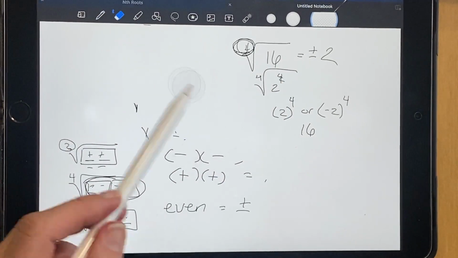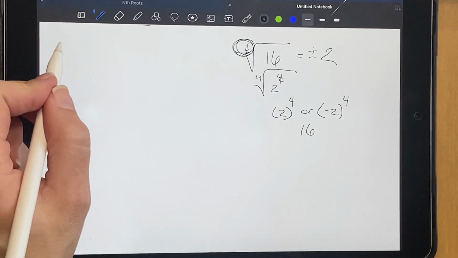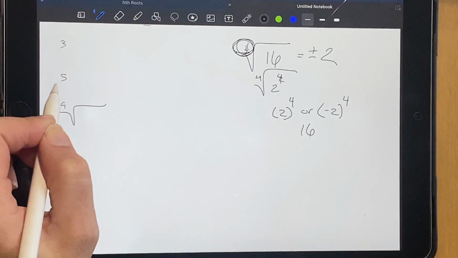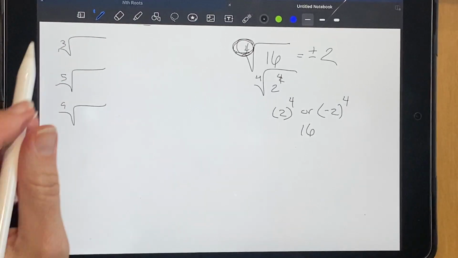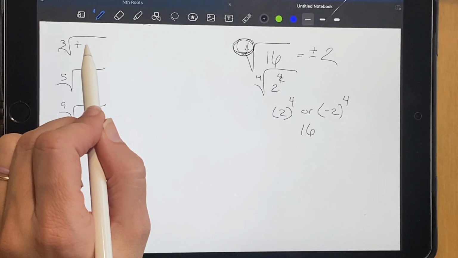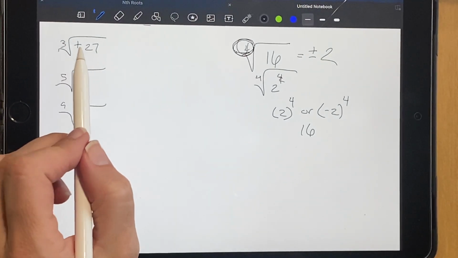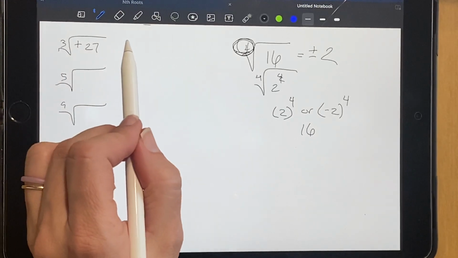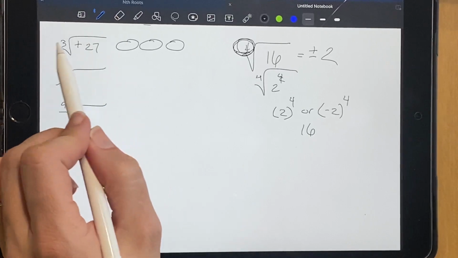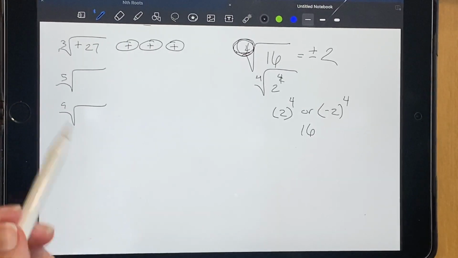Okay, so then let's think about odd numbers. When I have odd roots, 3, 5, 9, something like that. If I have a positive number underneath, say a positive 27 here, the only way that I can get a positive when I have a set of 3 is to have 3 positive numbers.